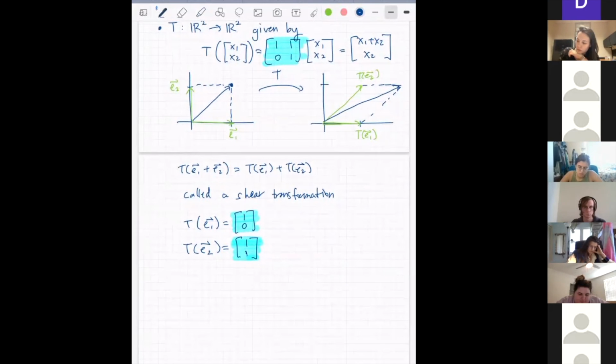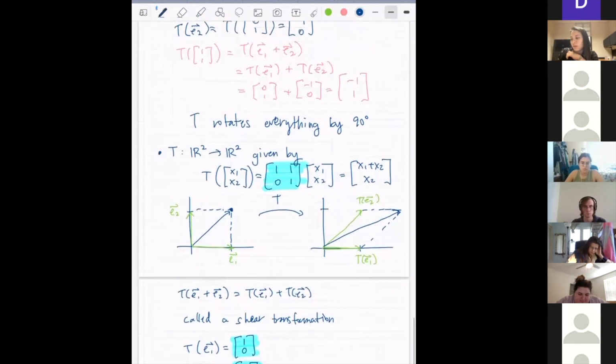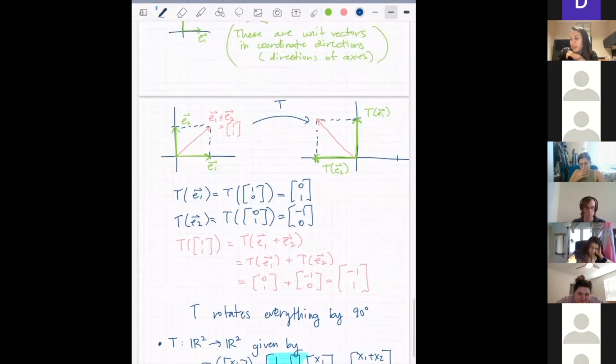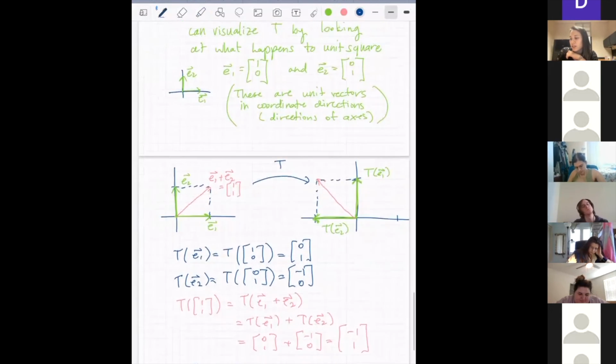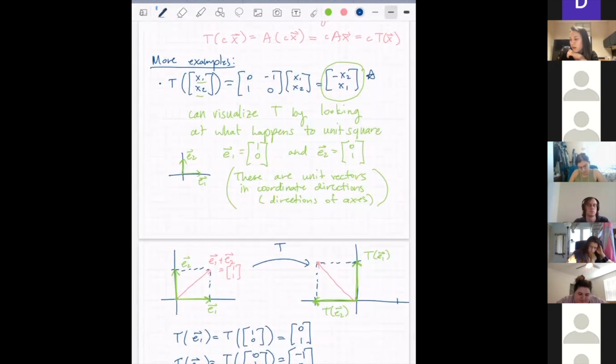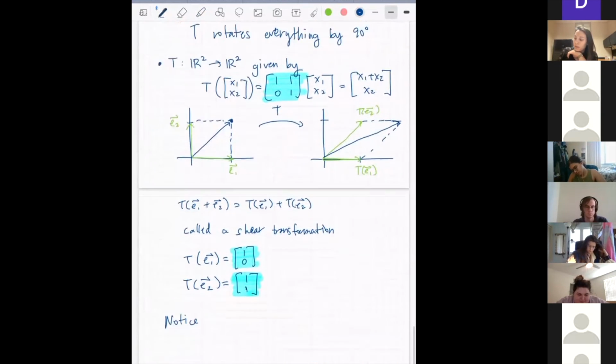We can also check that in the first example, T of E1 matches up with the first column of our matrix, and T of E2 matches up with the second column of our matrix, right?